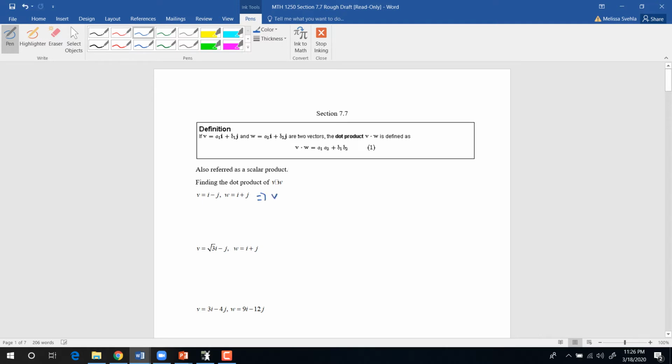So if I do v dot w, this is going to be a1 times a2, or my coefficients for my i's. So it's going to be 1 times 1. And then this one here is negative 1 times 1. So this will be 1 minus 1, and my scalar is going to be 0.